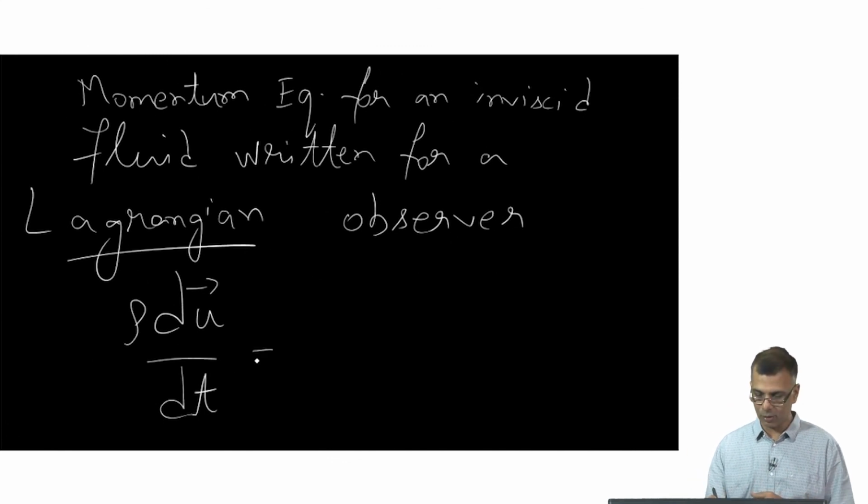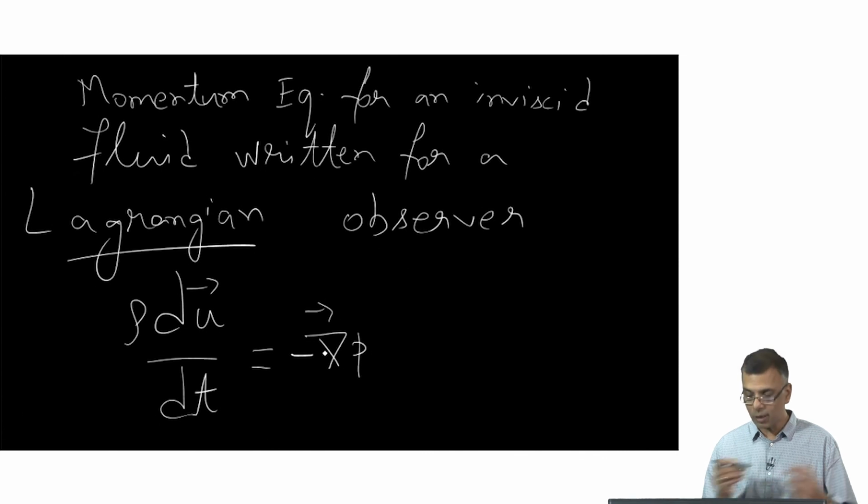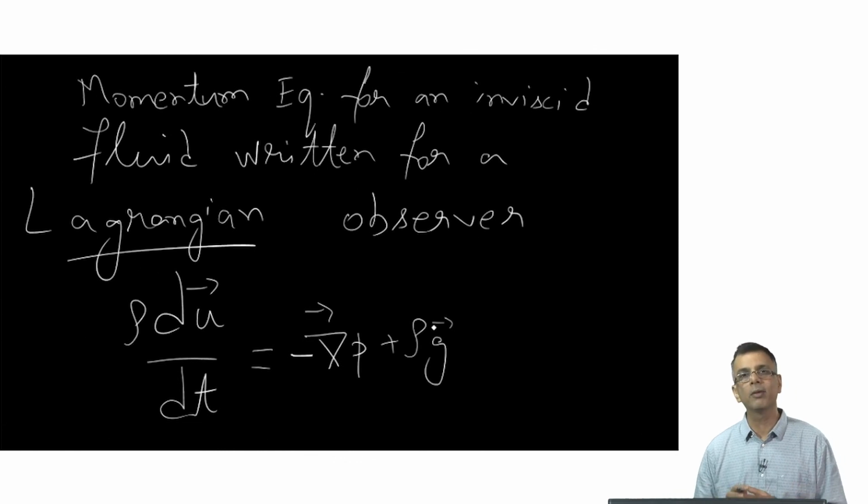So the F would be the pressure gradient, and there could also be body forces, obviously. You could immediately write this down simply from intuitive physical considerations. So this is an advantage of looking at the momentum equation in a Lagrangian framework.